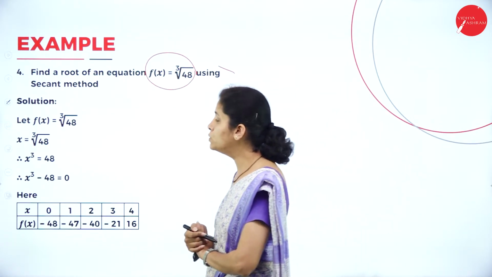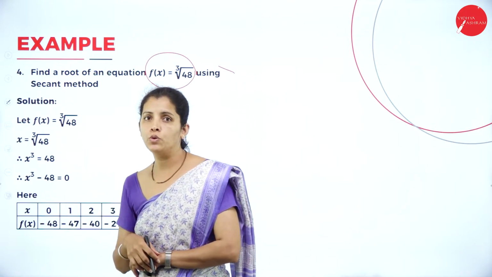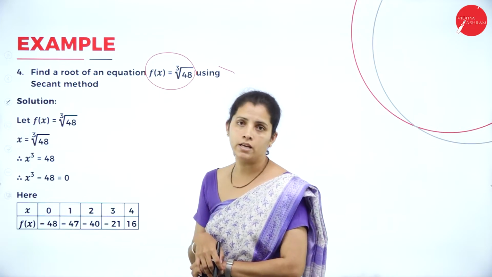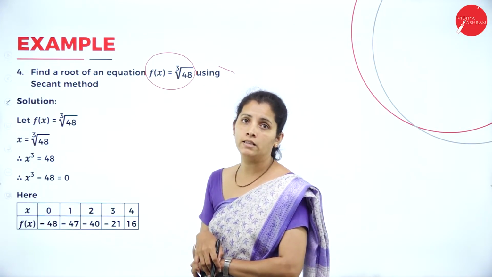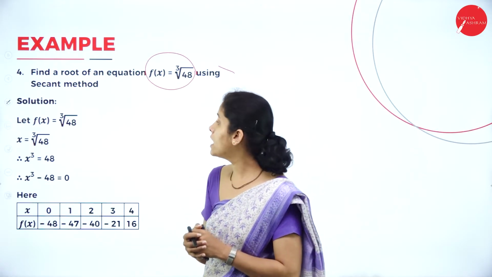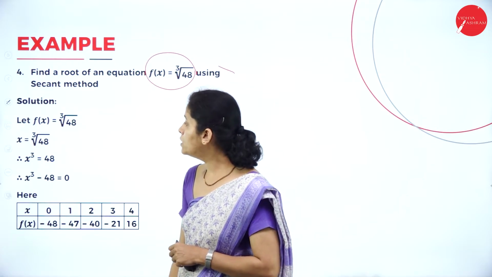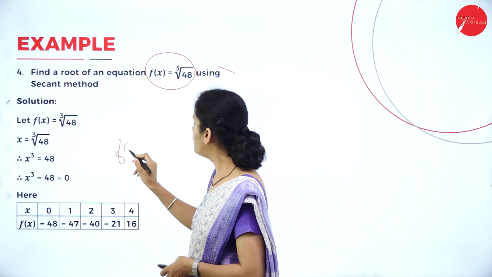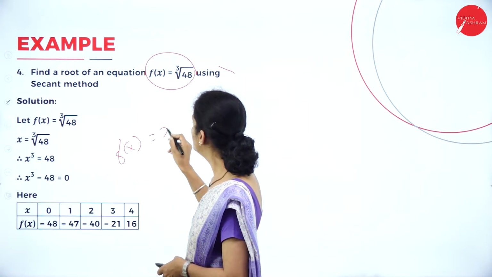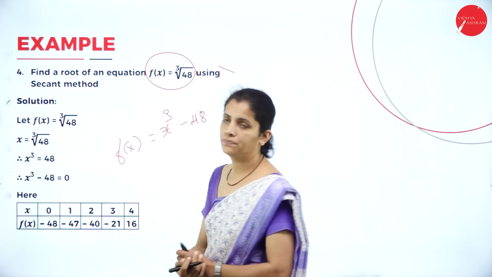Let f of x equal to cube root of 48. And when I cube both sides, I'll get x cube equal to 48. And when I simplify, I'll get f of x equal to x cube minus 48.